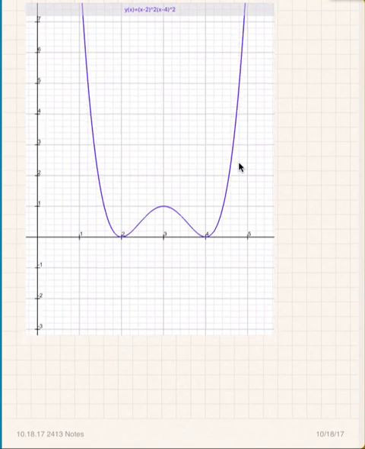And so notice we're getting, sure enough, just like we found a second ago, these 2 points right here at 2, 0 and at 4, 0 are relative mins. The point 3, 1 is a relative max.